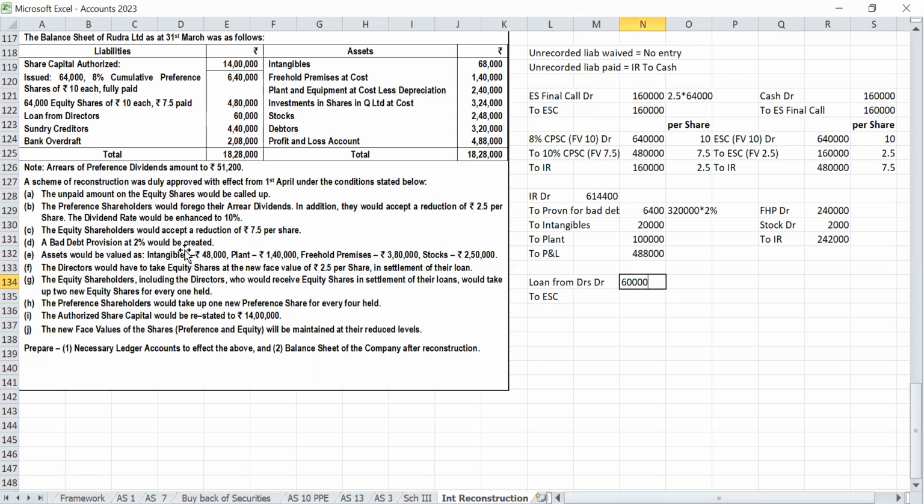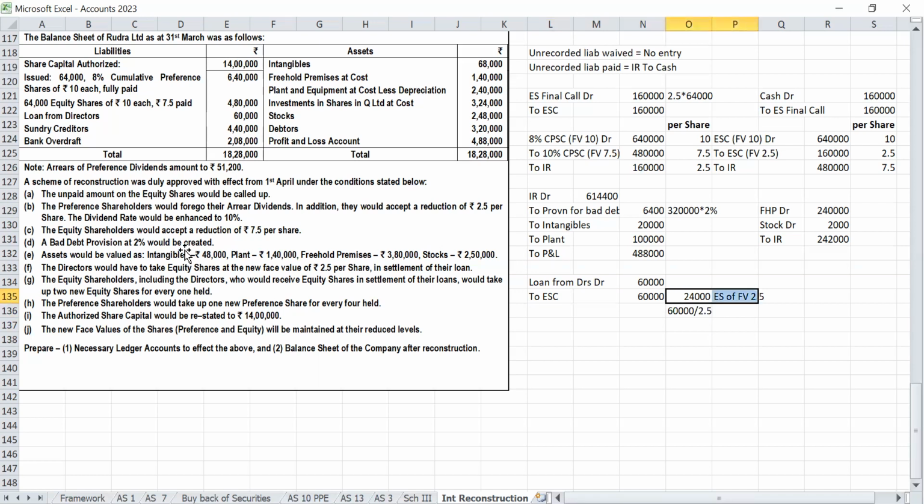Correct? 60,000 divided by 2.5, what I will get is 24,000.